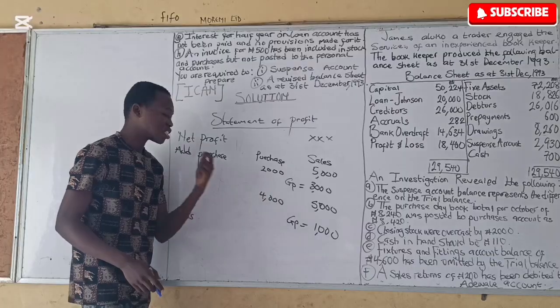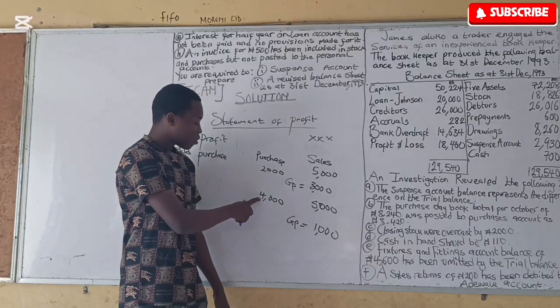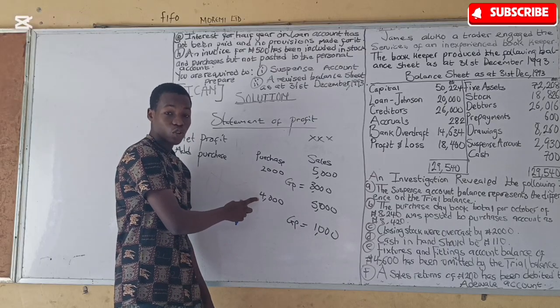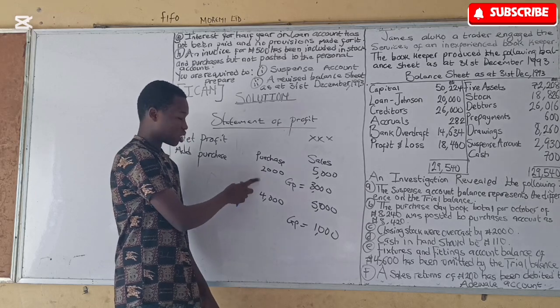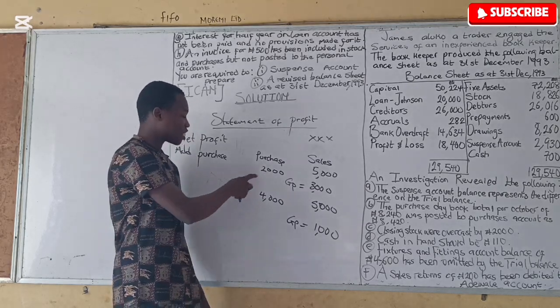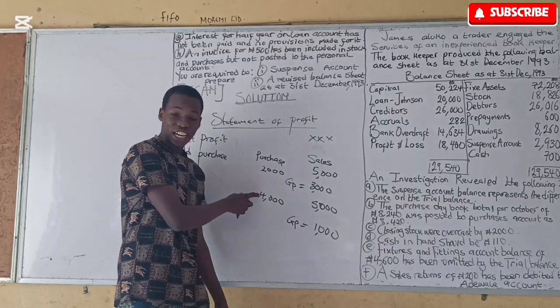If you look at these two cases, the purchase of 4,000 has been overcast, by 2,000, the difference. The 2,000 represents purchase undercast because it is lesser than 4,000.